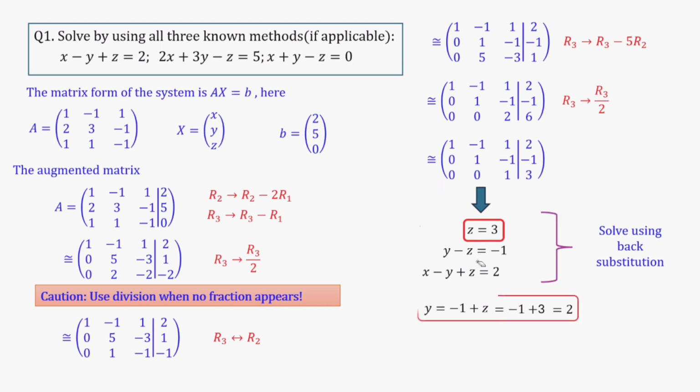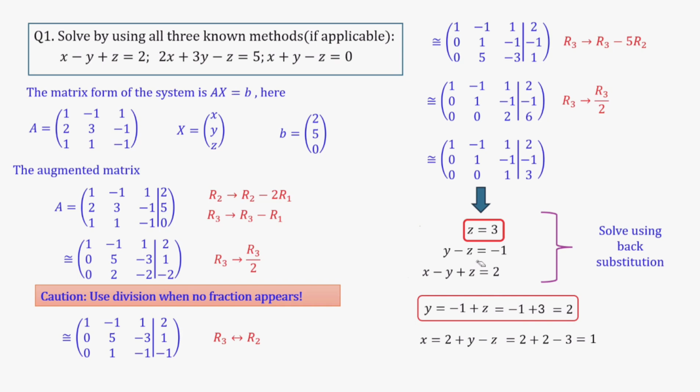And then from the first equation we will have x is equal to plus y minus z. Now y and z are already known, so you will get it here: 2 plus 2 minus 3, which is equal to 1.